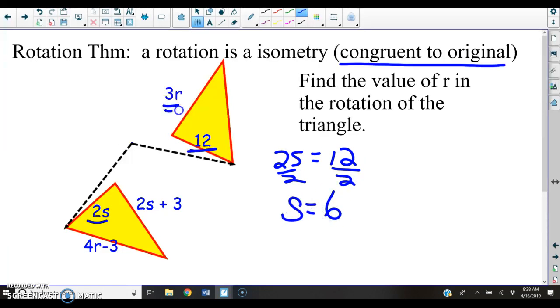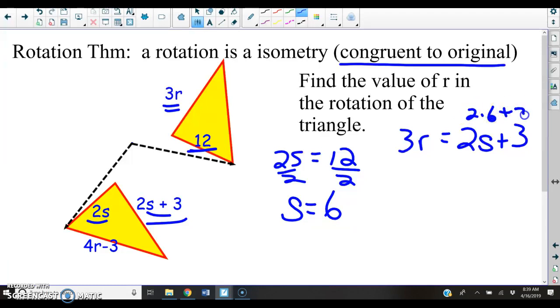Okay, what does 3r go with? Well, the 3R should go with the 2S plus 3. So 3R equals 2S plus 3, but S is 6. So this is 2 times 6 plus 3, so 15. So R is 5.